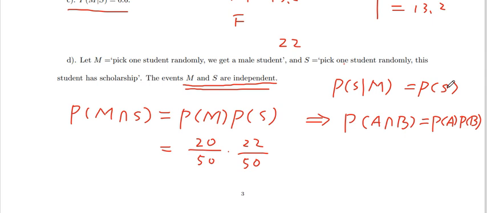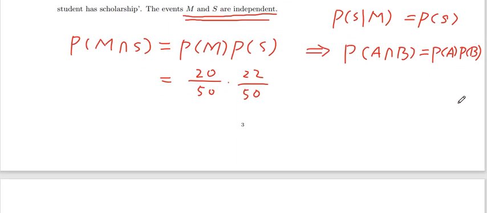Okay, so we know this probability, then we can find how many, let's say, male and female, scholarship, no scholarship. So we can find this number. So this is M and S, right? So the probability of M and S equals this.